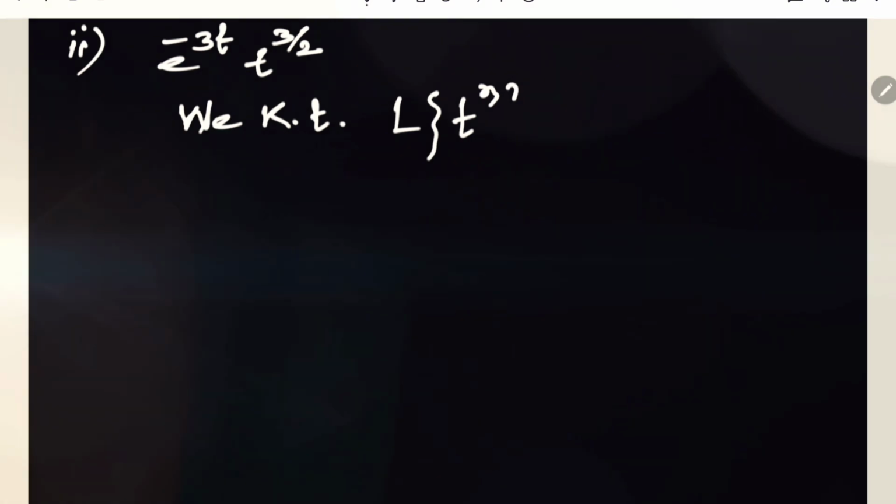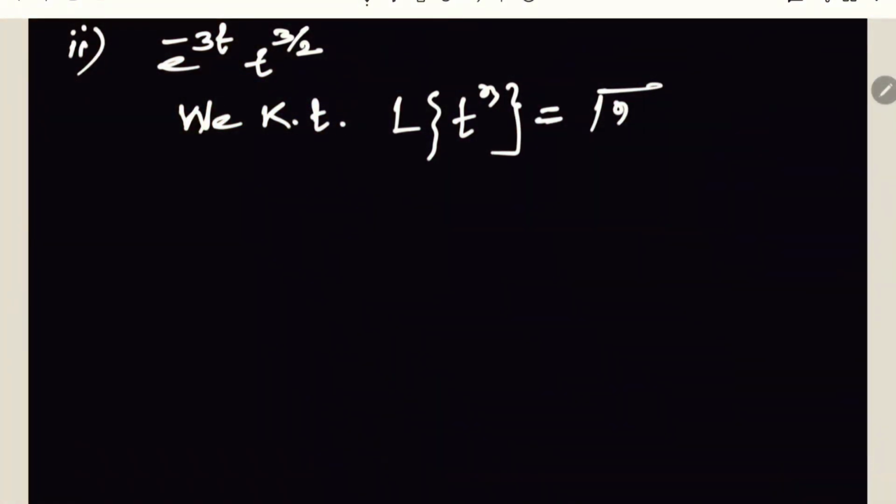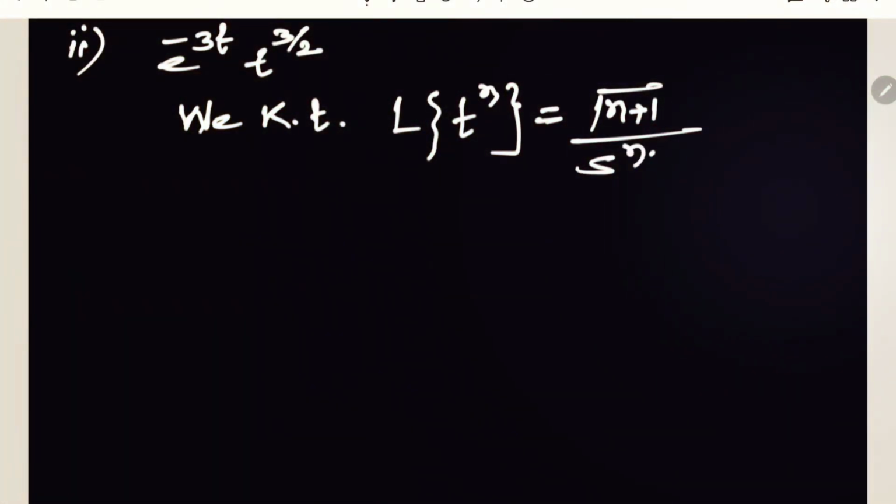Before that, watch the video up to the end for better understanding. Once again, we know the standard result, Laplace of t raised to n when n is not a positive integer, as gamma n plus 1 divided by s raised to n plus 1.